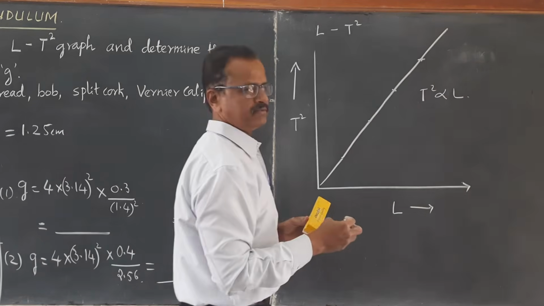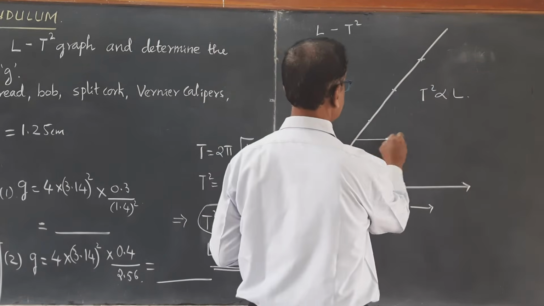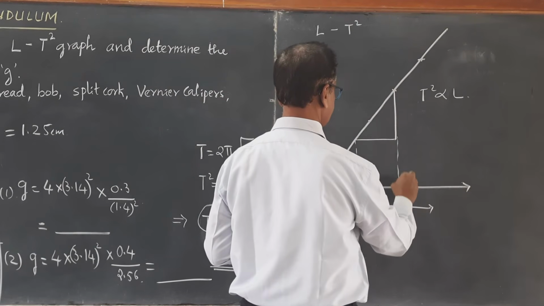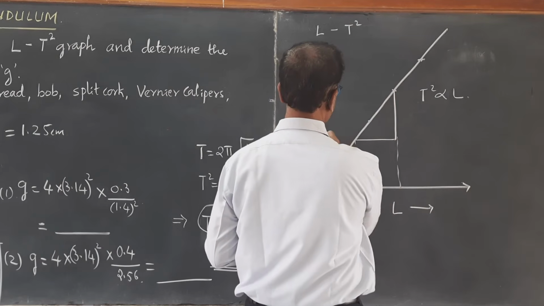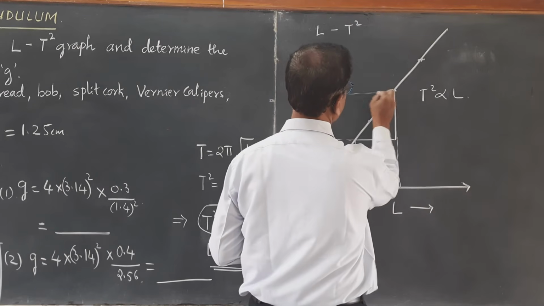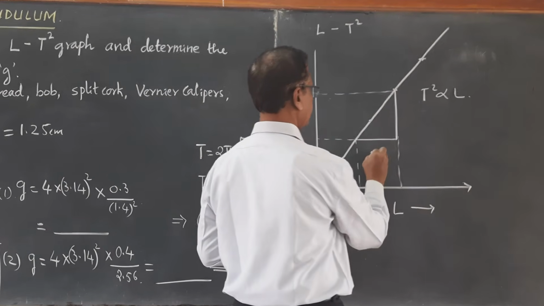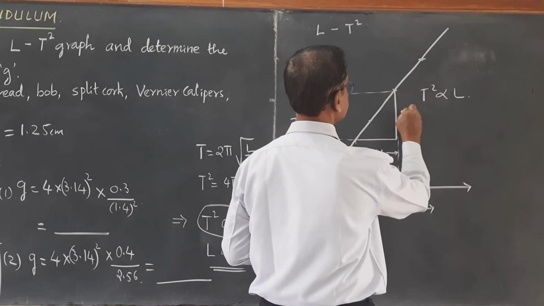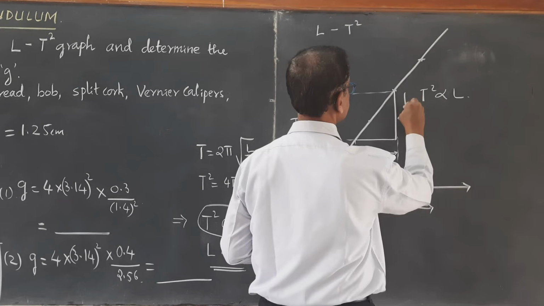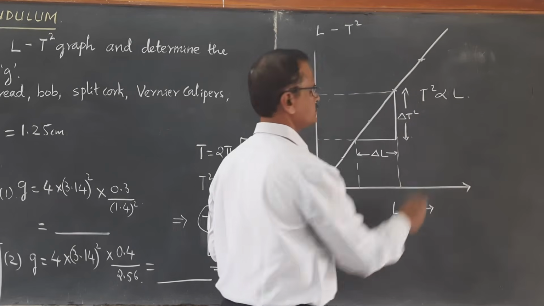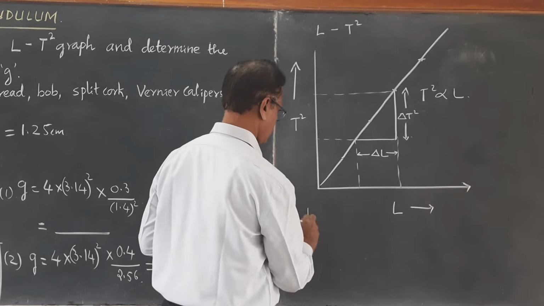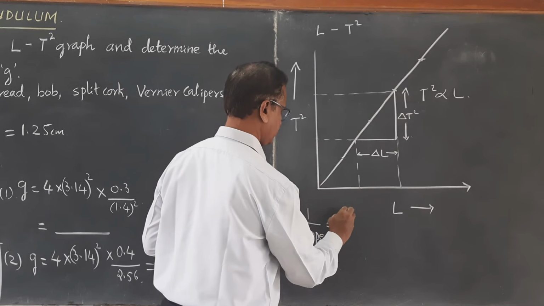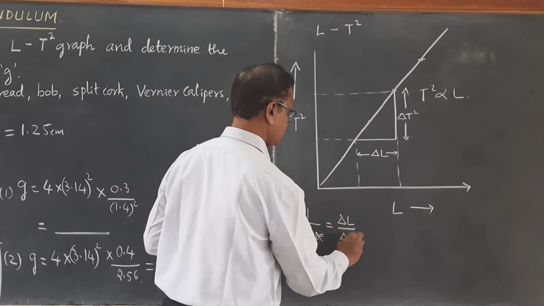Even from this, if you calculate the slope by taking some 2 points, you have to calculate delta L by delta t square. This gives us the inverse of the slope: 1 by slope is equal to delta L by delta t square.